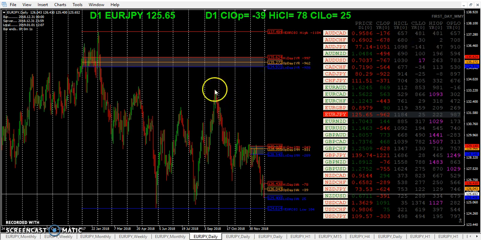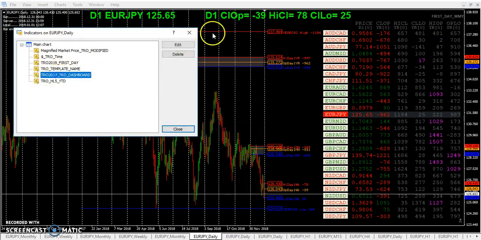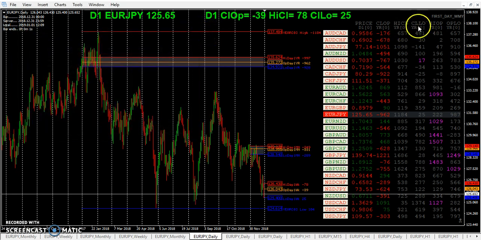And in the dashboard here, I've updated it so it works with the year for the open, close minus open, high minus close, close minus low, high minus open, and open minus low. So these show you high minus open and open minus low shows you how many pips you can make taking those crossovers.